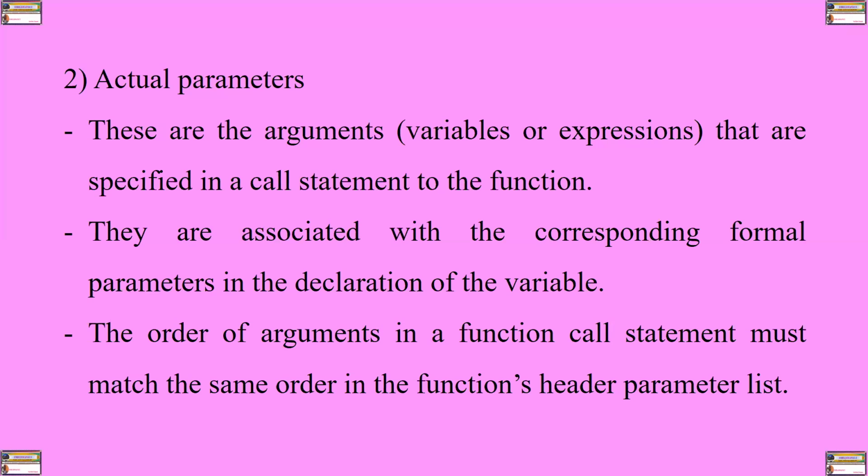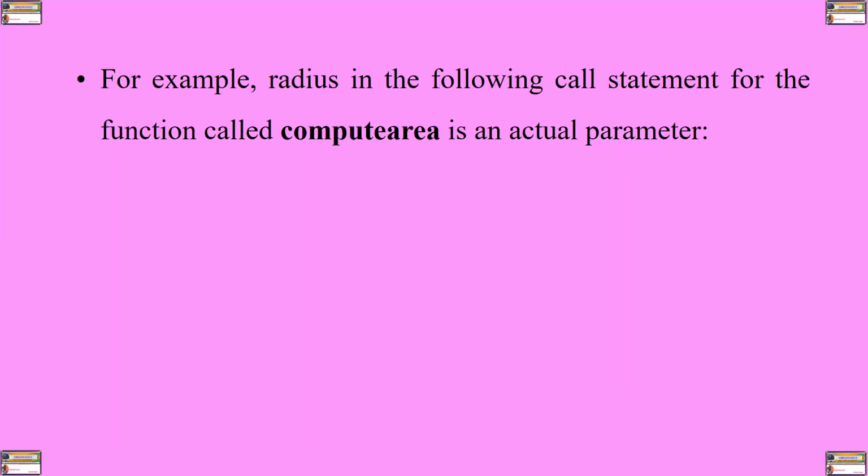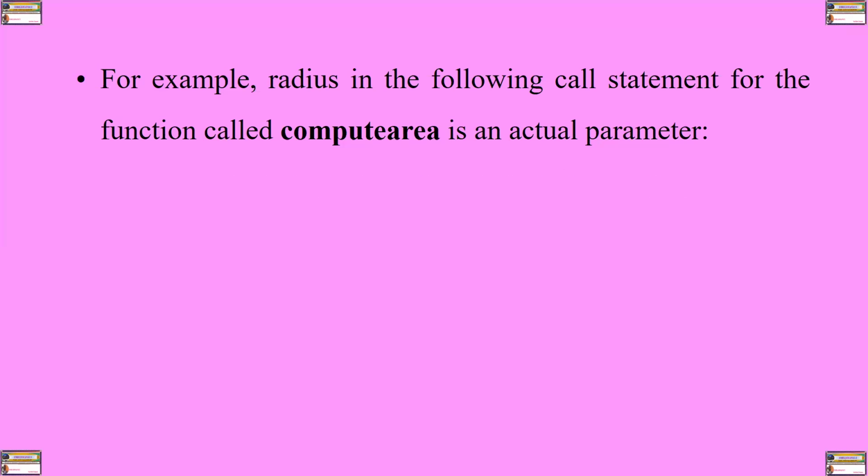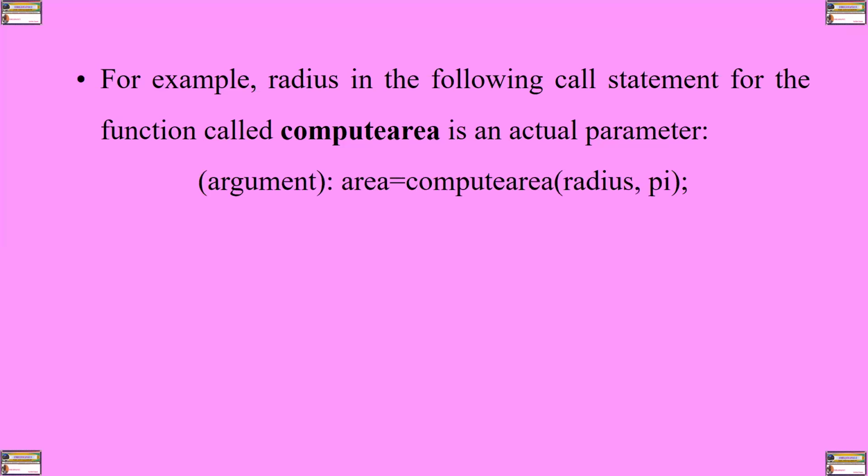So the order of arguments in a function call statement must match the same order in the function's header parameter list. For example, radius in the following call statement for the function called compute area is an actual parameter, like this one here. So this is a formal parameter.